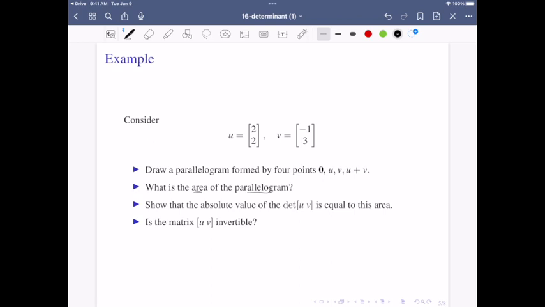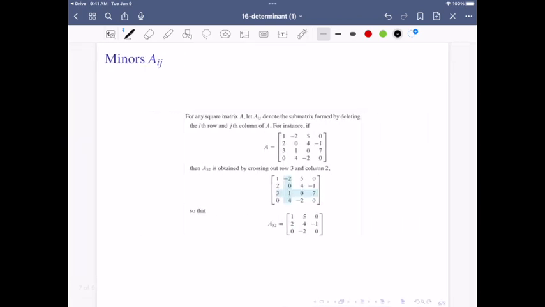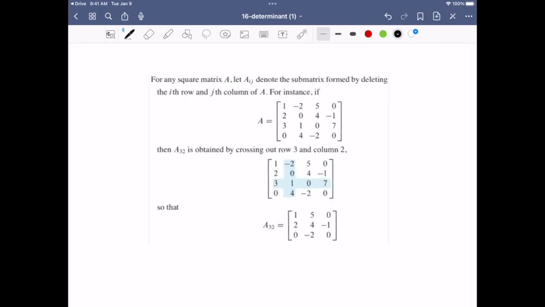This shows that the absolute value of the determinant of [u v] is equal to this area. So we are done. All right, next we are going to prepare for the computation of a 3 by 3 matrix.